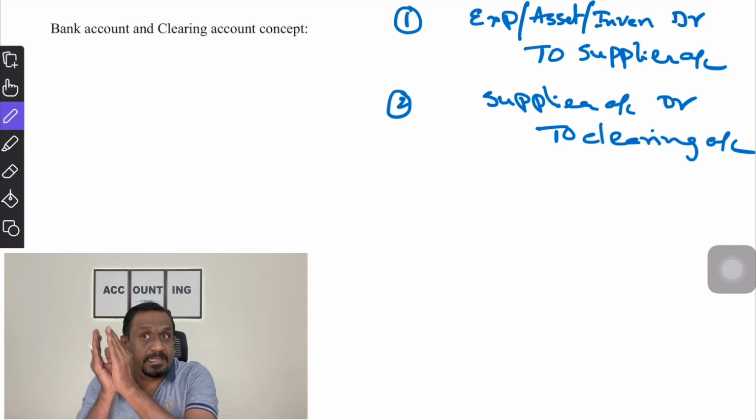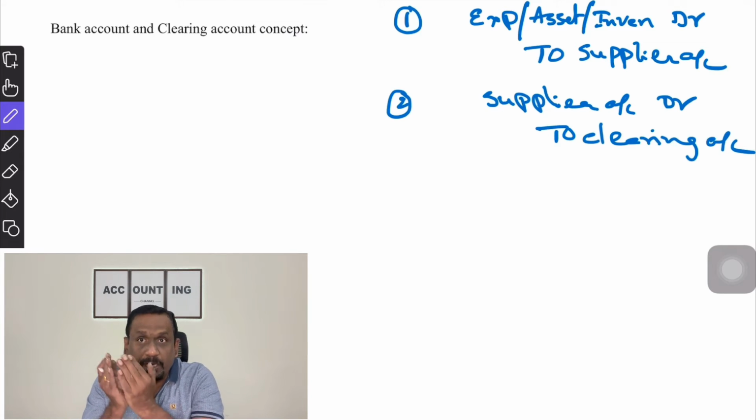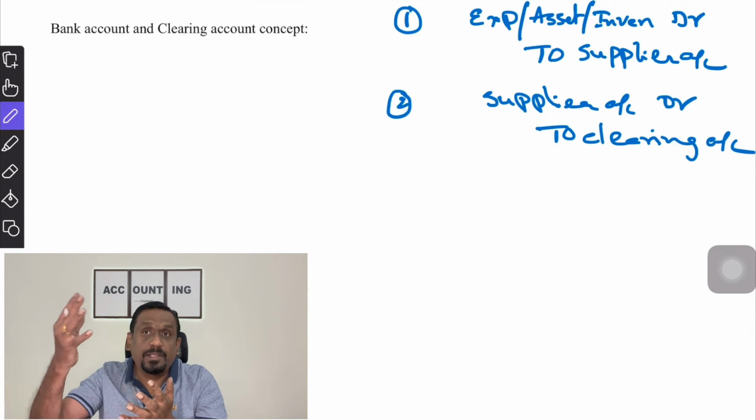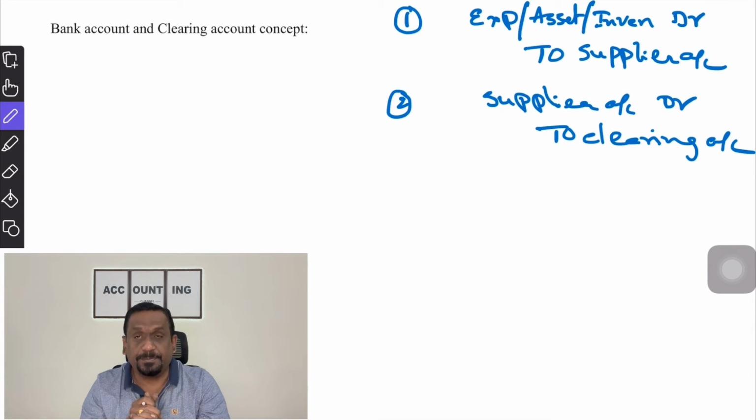Once they record those entries, it will appear in my bank statement. When they appear in my bank statement, I am uploading this bank statement into my SAP, either automatically or manually. Whatever the mode, this bank statement will get uploaded into SAP.